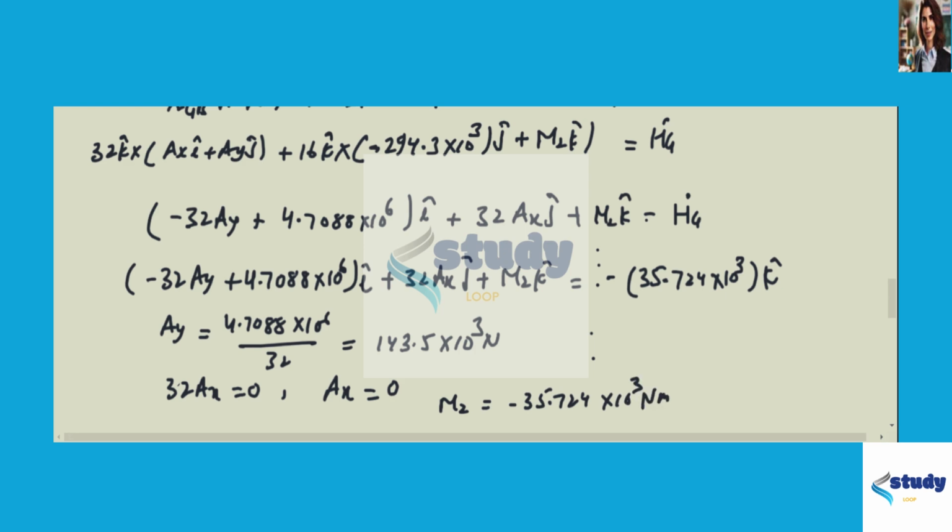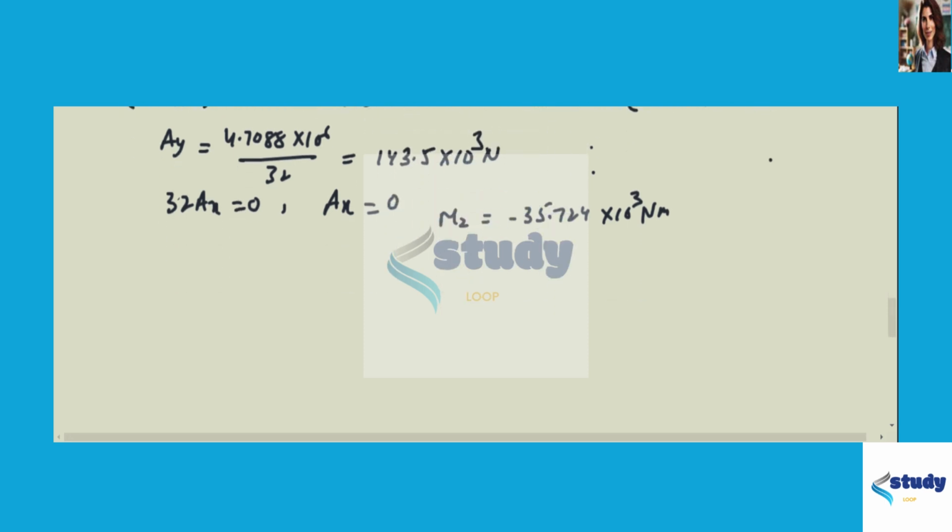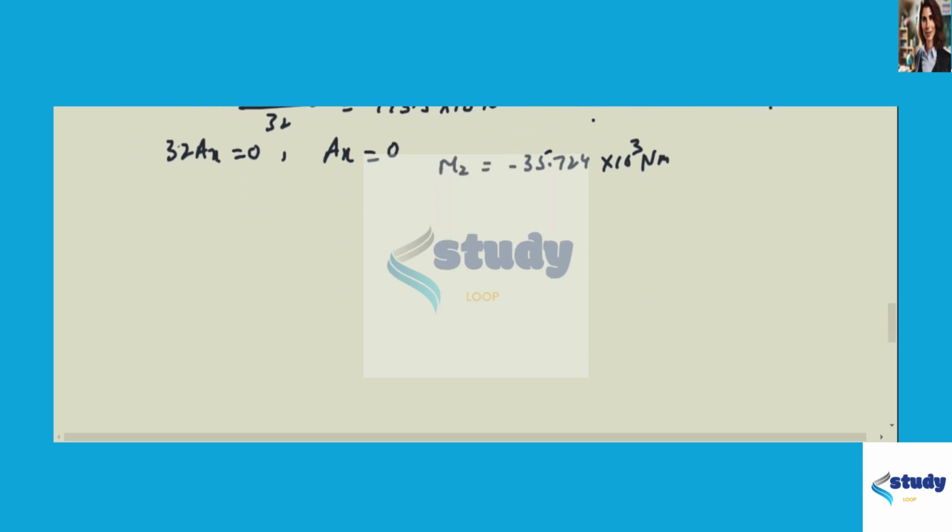So finally we can write A will be 143.5 into 10 to the power 3 Newton J cap.